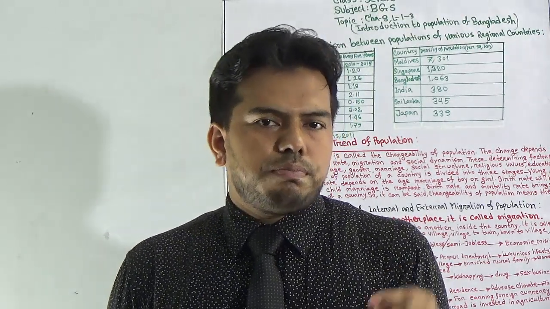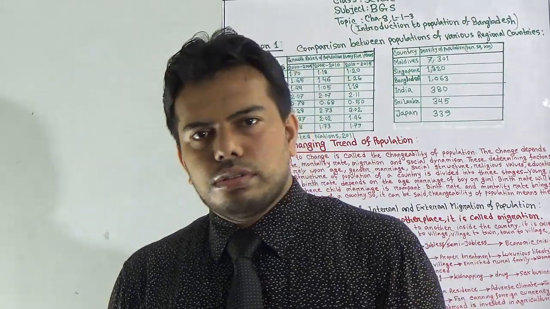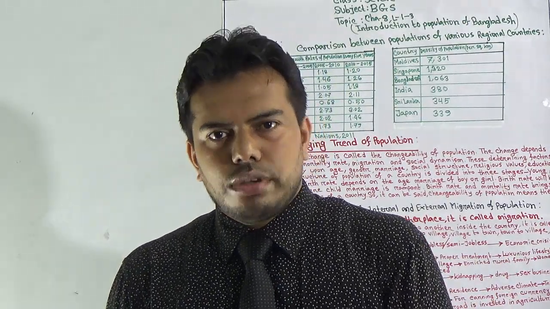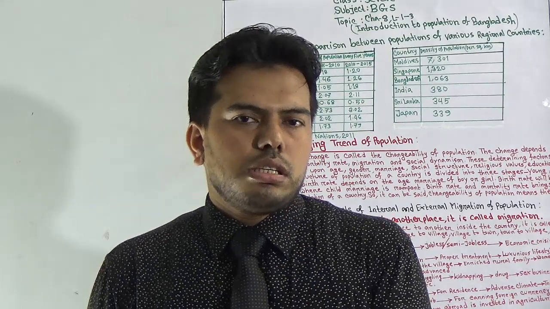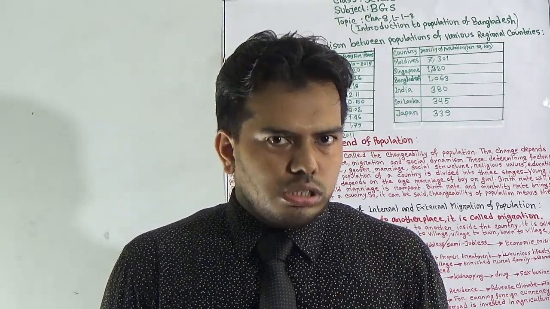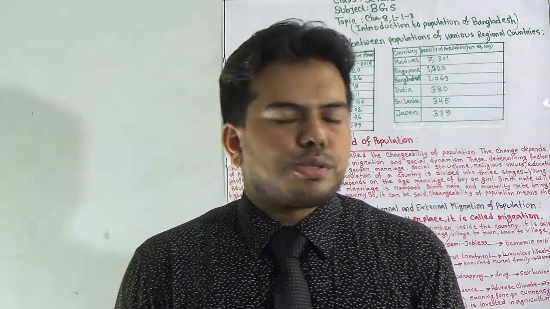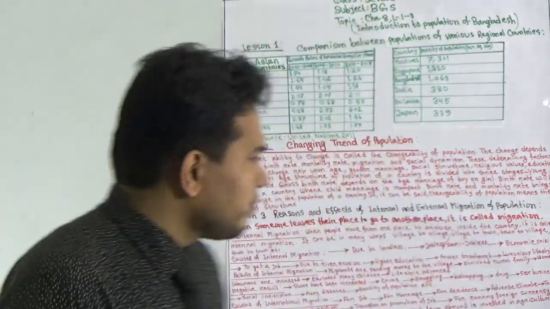If I say a person has left his place from village to town, that is called internal migration. Whenever a person changes his place from his own country to another country, that is called international migration. So let's see the causes behind.